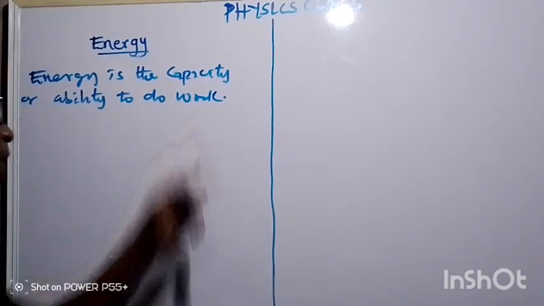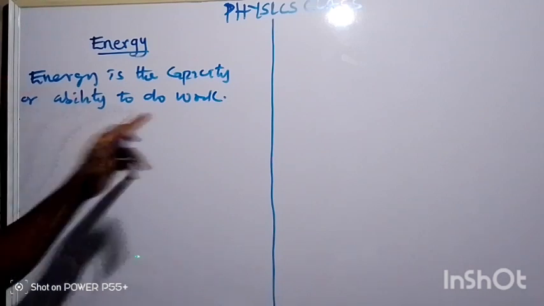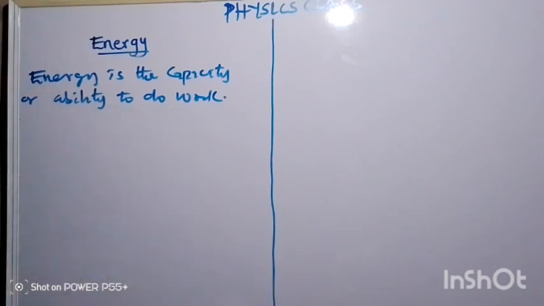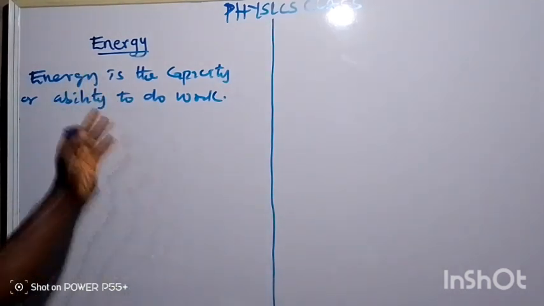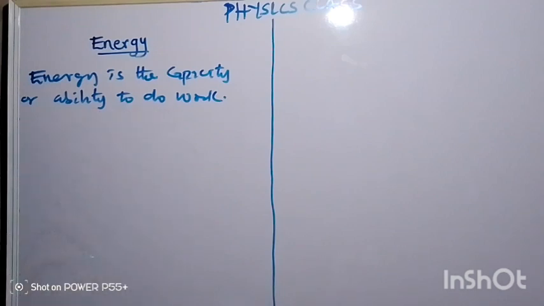That is why we defined work in our last lesson as the product of force and the displacement in the direction of the force. So when you now say energy, it is the capacity or ability to do work.